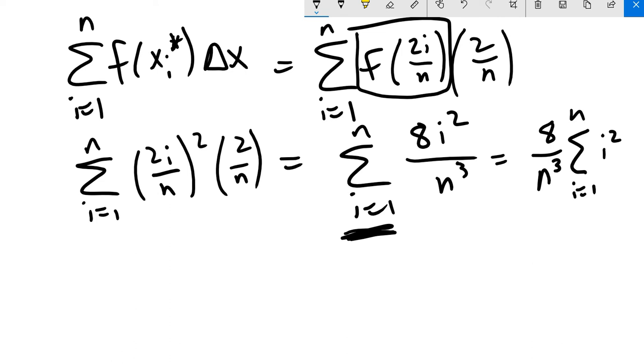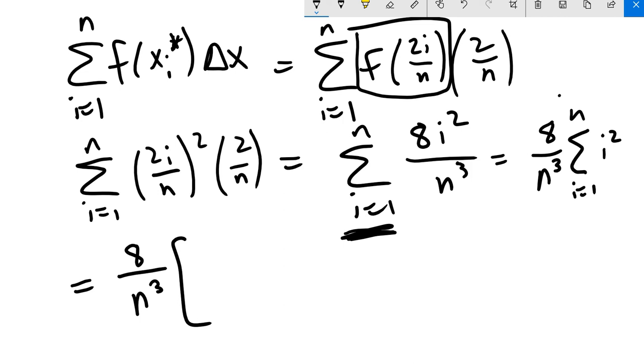If you recall, I'm not going to prove it at the moment, but there is a proof for the sum of i squared, what that is equal to, or i equals 1 to n of i squared. So let's first of all write our outside term, which is 8 over n cubed.